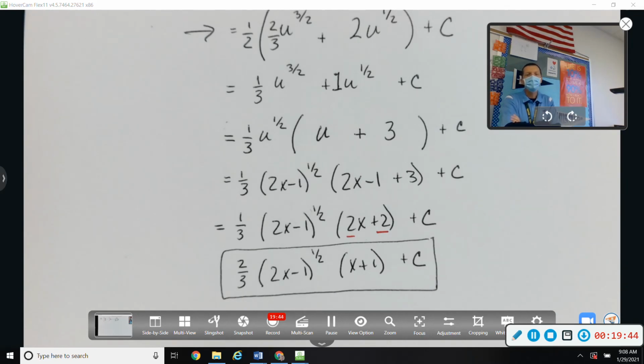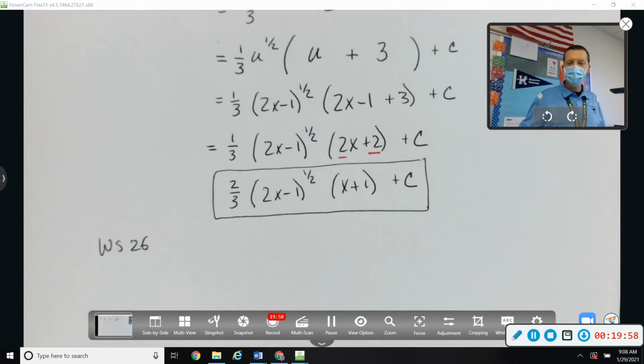They're a headache because the calculus isn't awful. It's a little bit of trickery, but then the algebra is kind of a headache. So I'll stop there. Assignments, worksheet 26. Most of them are straightforward, but those last four have the trick in them.